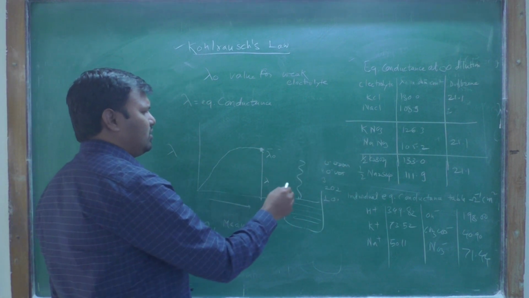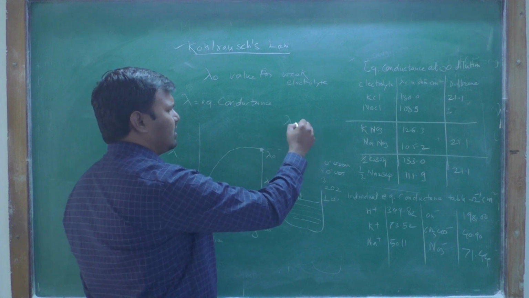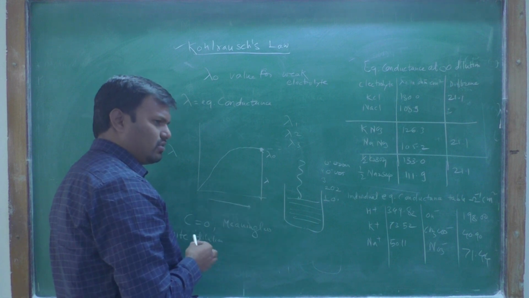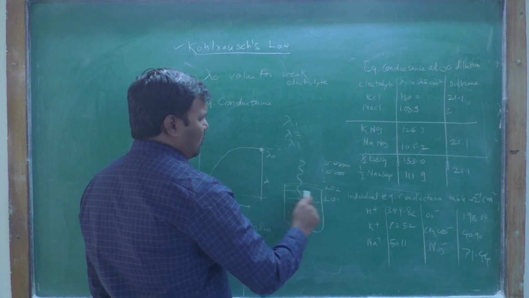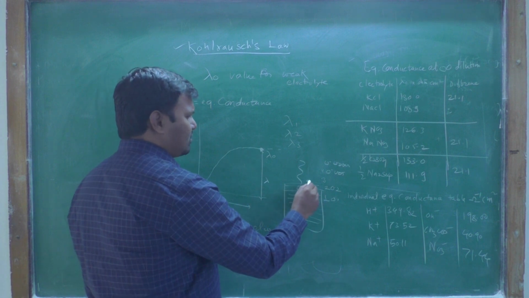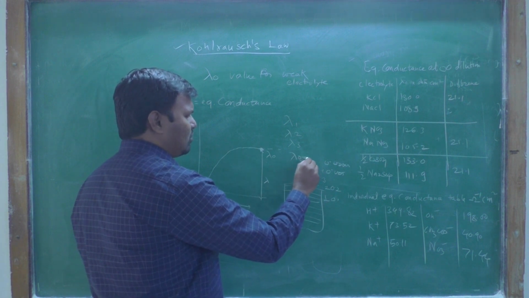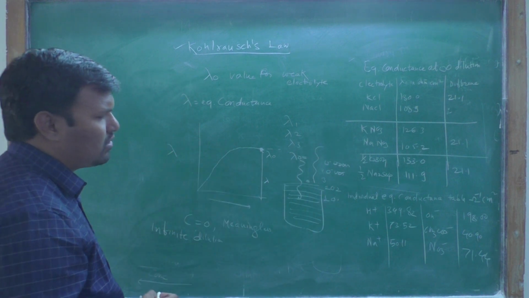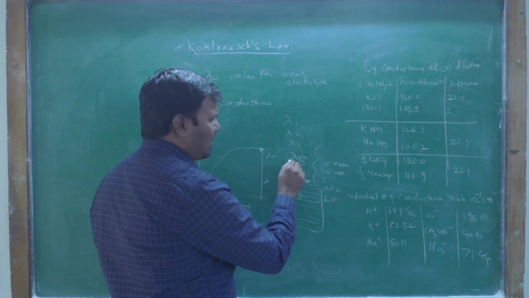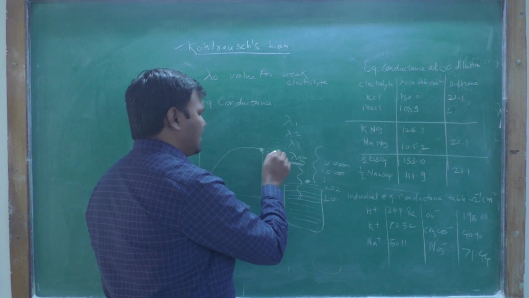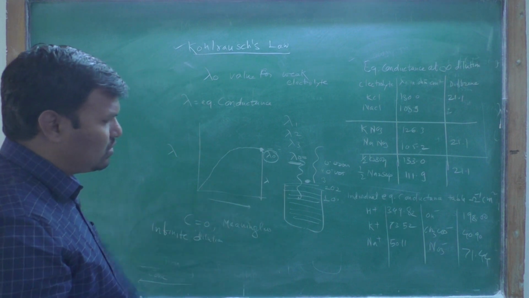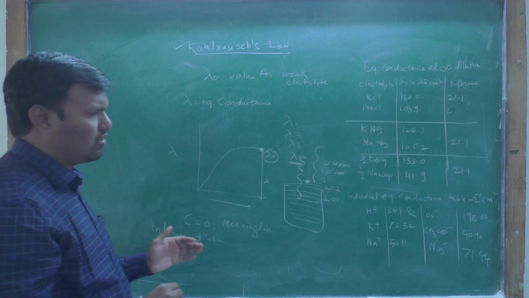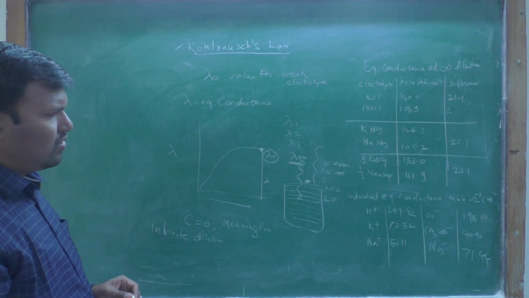As you add water, its conductance goes on increasing. But at a particular dilution you obtain lambda 0, and further addition of solvent does not increase the lambda value. That particular value is lambda 0, and that solution is an infinite dilute solution. C equal to 0 is not considered an infinite dilute solution.